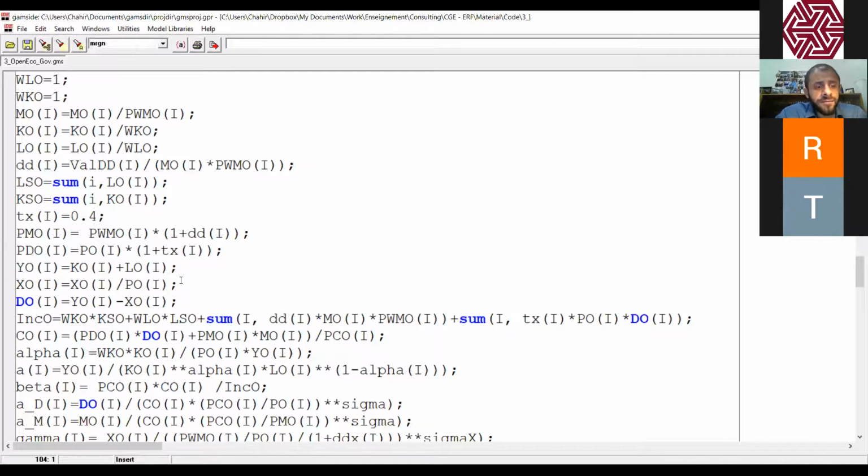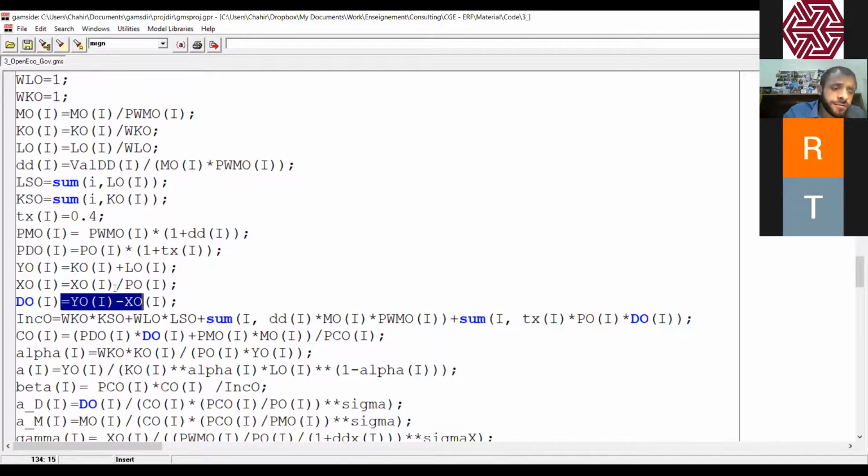Then we have my GDP that is equal to capital plus labor that we have here. Then we have the quantity of exports, which is the value of exports divided by the price of exports. Domestic demand is equal to the difference between what we produce and what we export, given the fact that I have here the Y in quantity, the X in quantity, so the demand will be also in quantity, right?